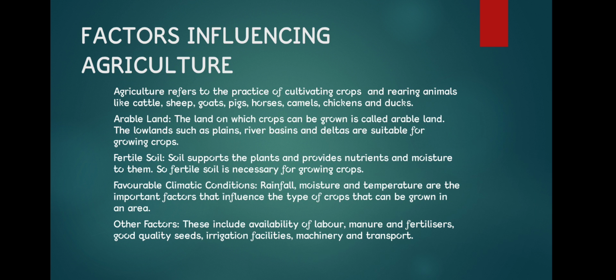Before practicing agriculture, there are some very important factors influencing it. Agriculture refers to the practice of cultivating crops and rearing animals like cattle, sheep, goats, pigs, horses, camels, chickens and ducks and many more. So these needed factors are very important for agriculture.